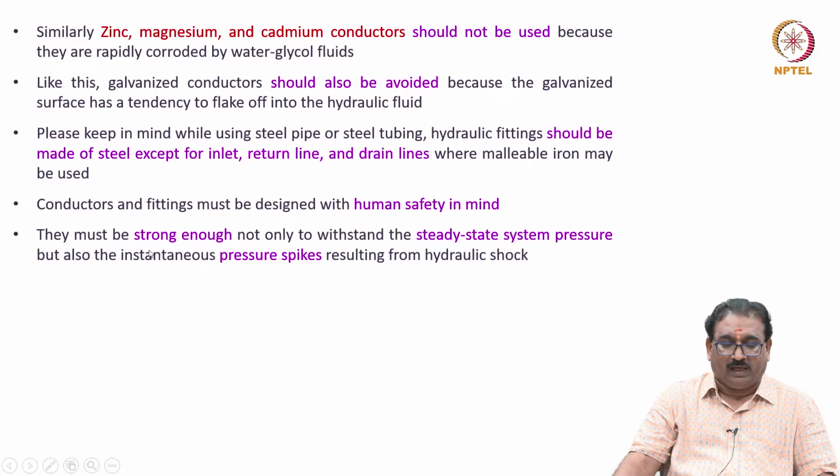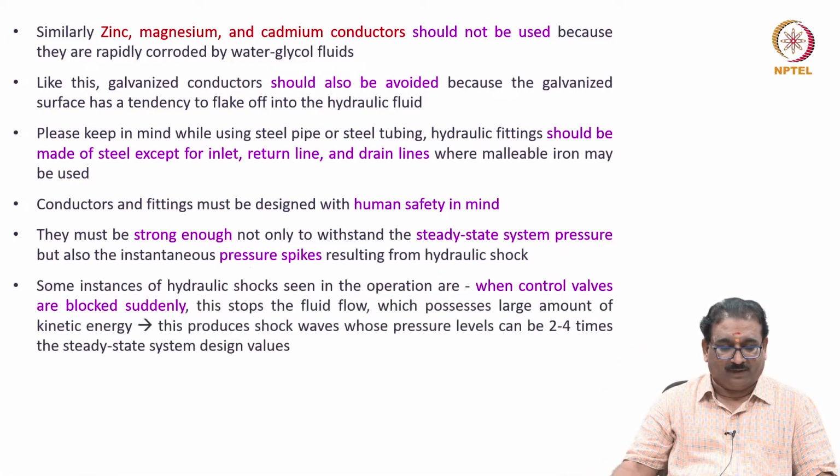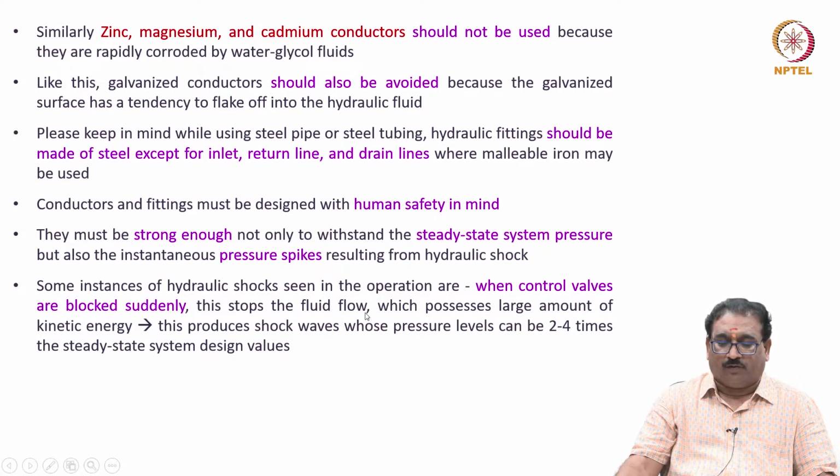They must be strong enough not only to withstand the steady state system pressure, but also the instantaneous pressure spikes resulting from hydraulic shock. Some instances of hydraulic shock seen in operations are when control valves are blocked suddenly. This stops the fluid flow, which possesses a large amount of kinetic energy.